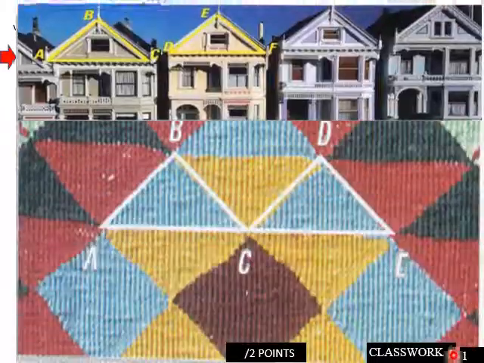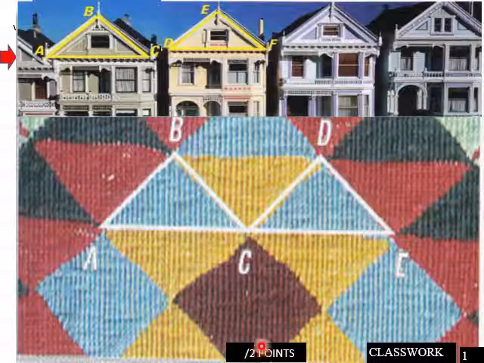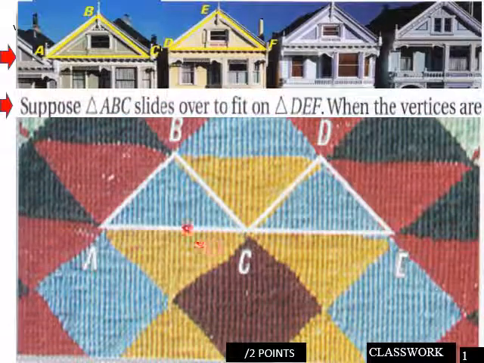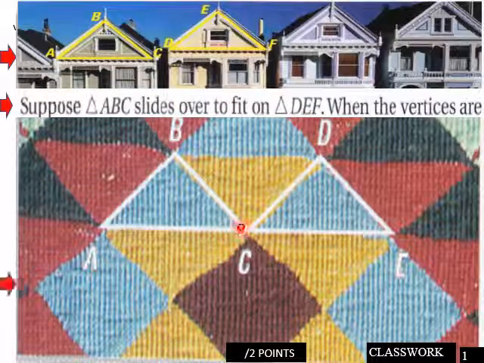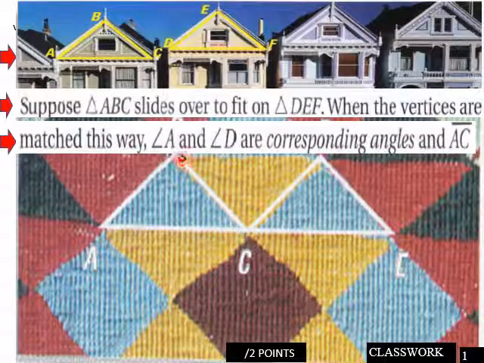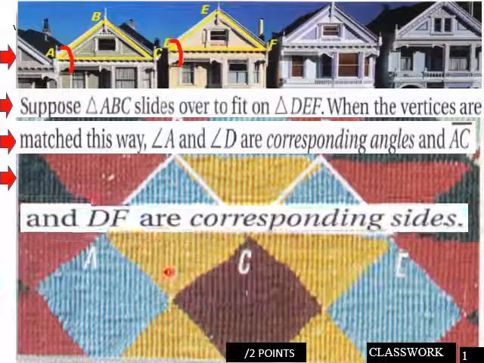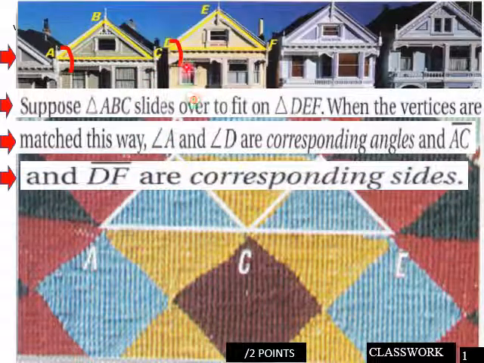Okay, we got page 1 here in classwork, 2 points. ABC here slides over to fit over DEF. When the vertices are matched this way, angle A and angle D are corresponding angles, and line AC and line DF are corresponding sides, yes?